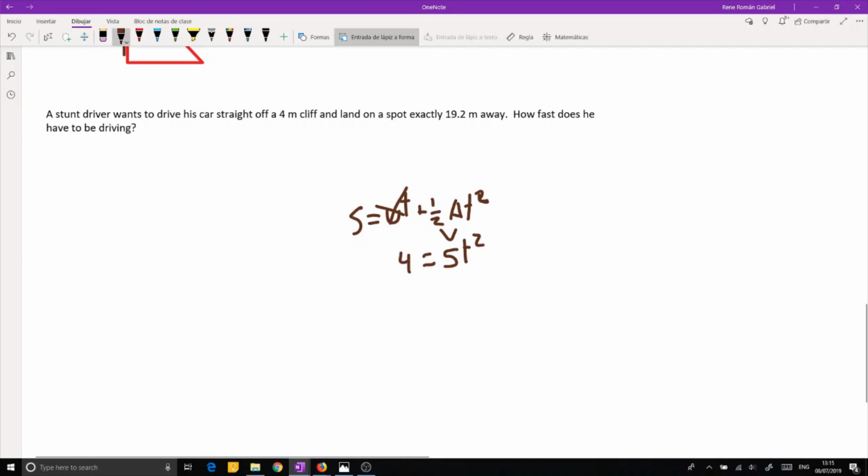So 4 divided by 5, 0.8, and then the square root, 0.894, whatever. So this would be our time.